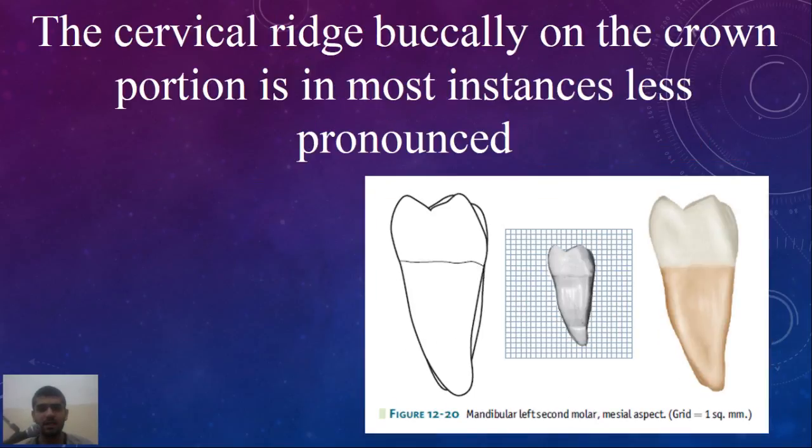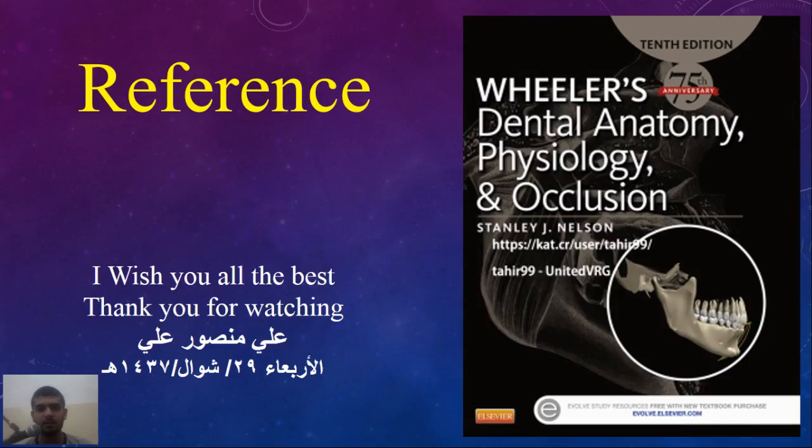The other note is that the cervical ridge buccally on the crown portion is in most instances less prominent. In the mandibular first molar, we said it is prominent, while in the mandibular second molar it is less prominent.